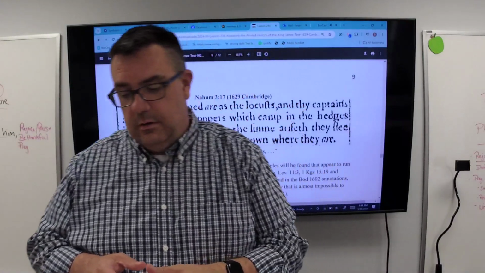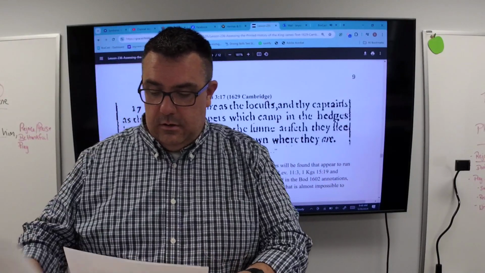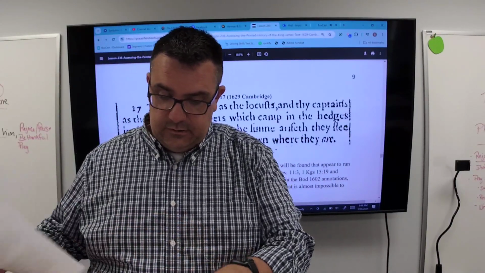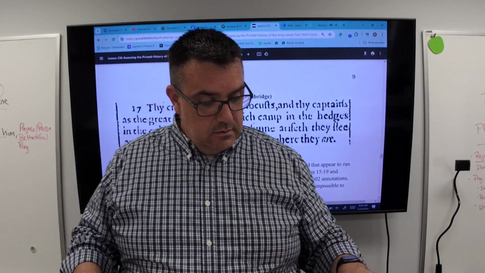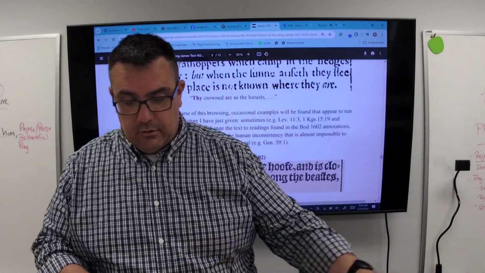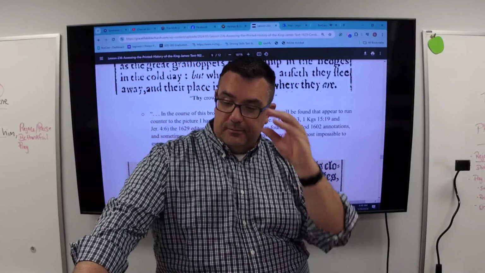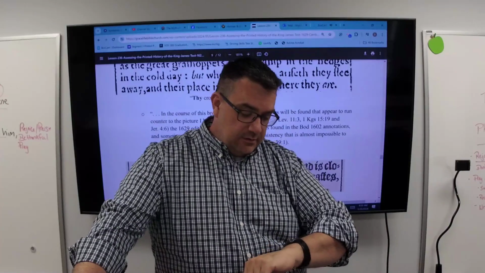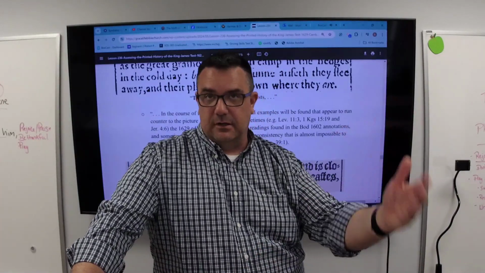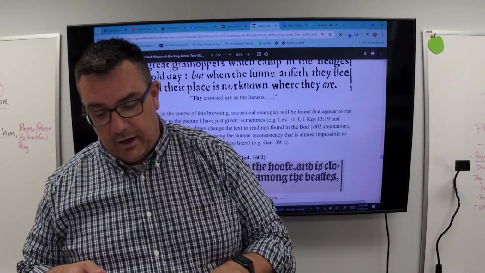So that brings us to page 9. Go to page 9. So in the course of this browsing, occasional examples will be found that appear to run counter to the picture I've just given. So he's acknowledging the fact that some of these are going to be somewhat counterintuitive, right?